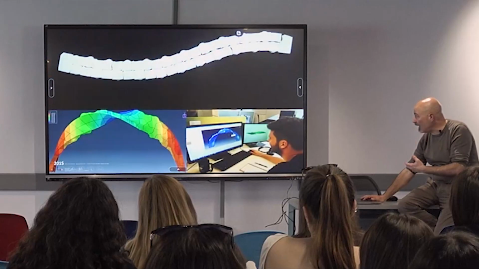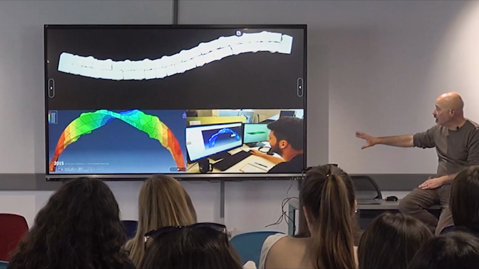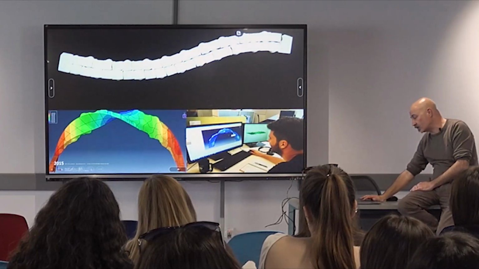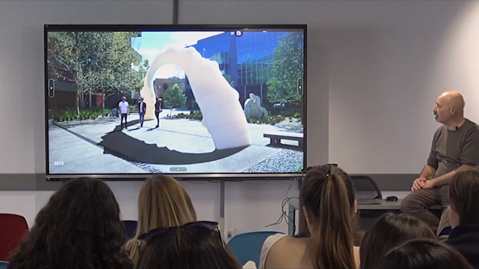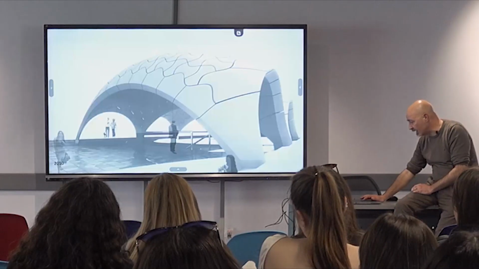We also tried to imagine a completely twisted arch using the double curvature connection of the blocks, and we realized in Melbourne, in Australia, an experience about that.